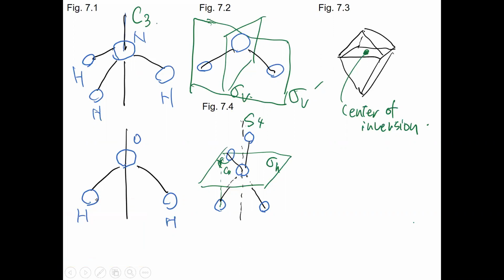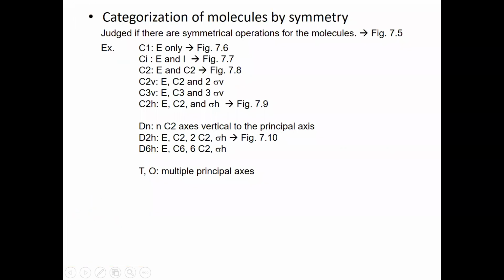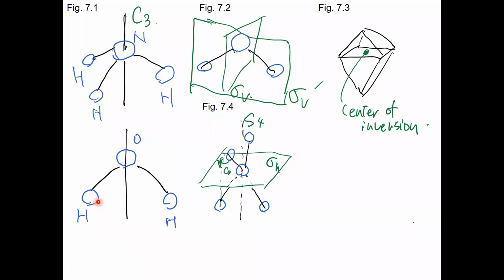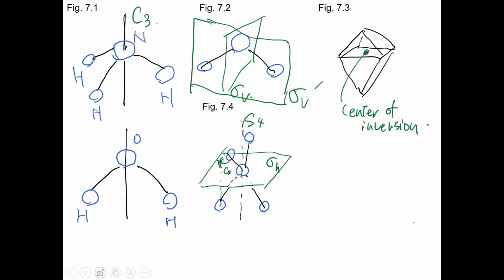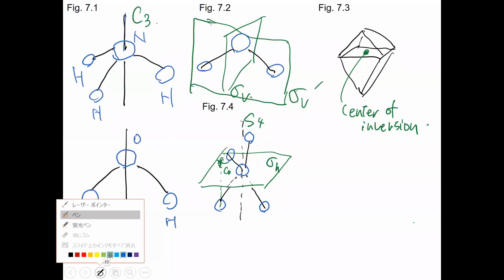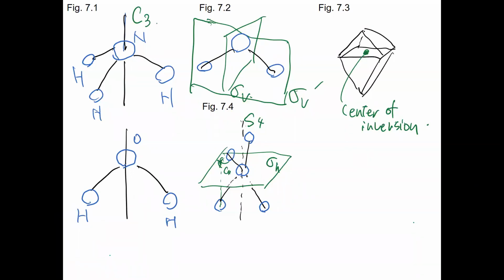The first example is ammonia, right? Usually we take the axis of symmetry here, which is the principal axis.